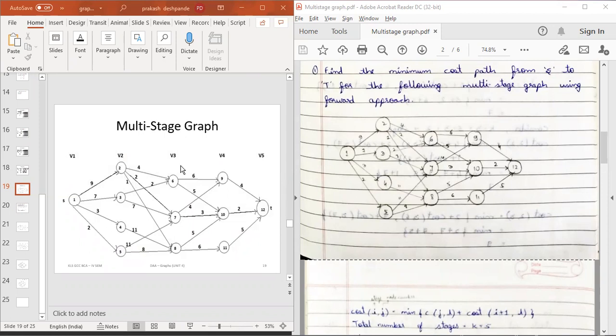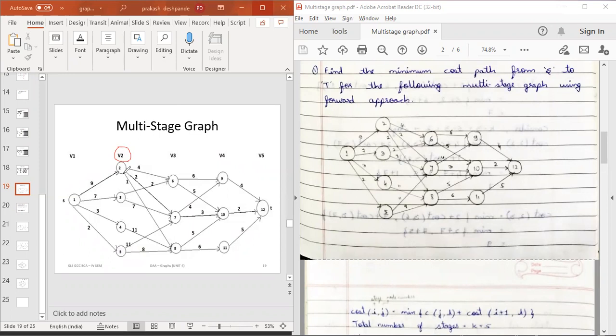What do decisions actually mean here? For example, from the source, that is vertex 1, I can reach the last vertex 12 through other vertices in the stages. Suppose I'm at stage number 2, and in stage number 2 there might exist multiple vertices.